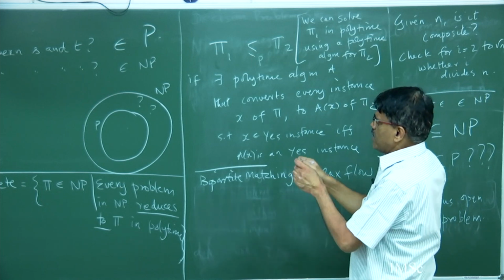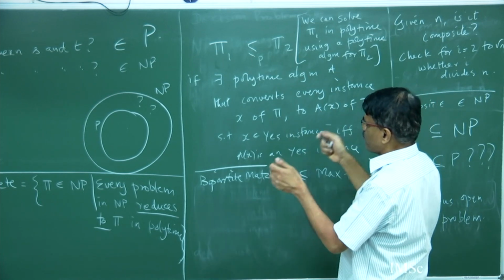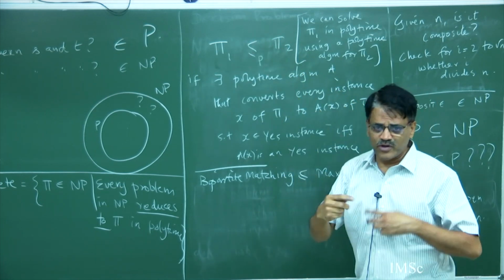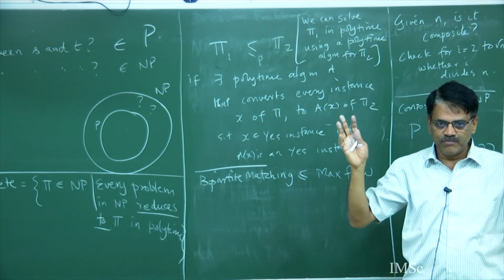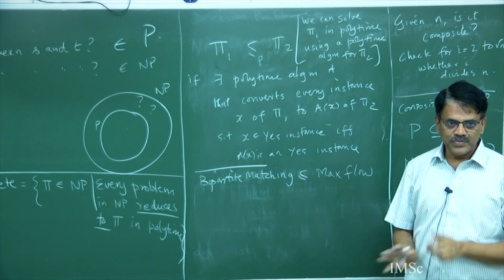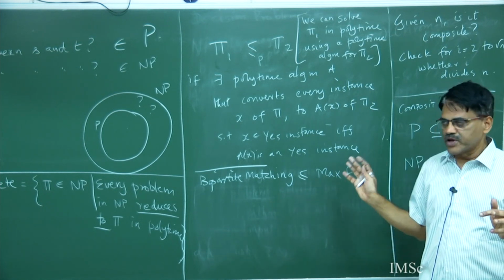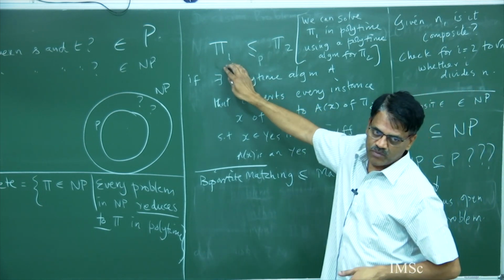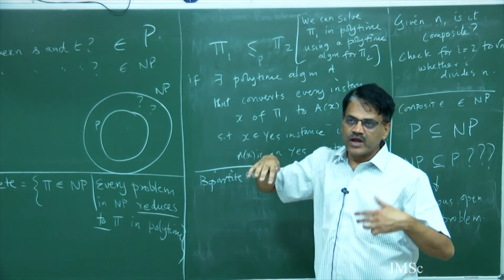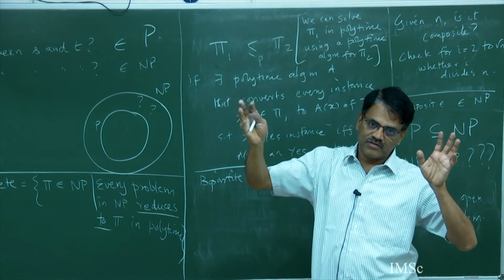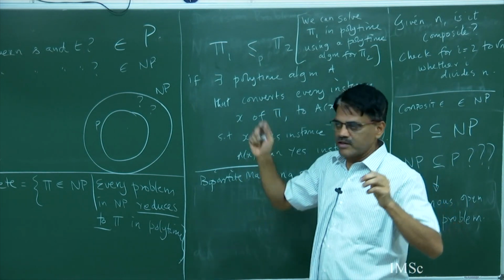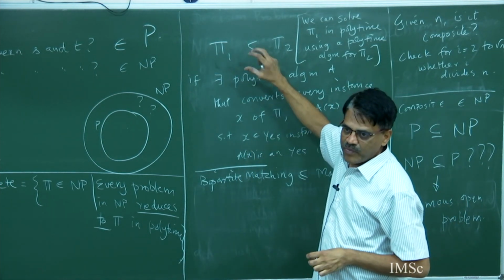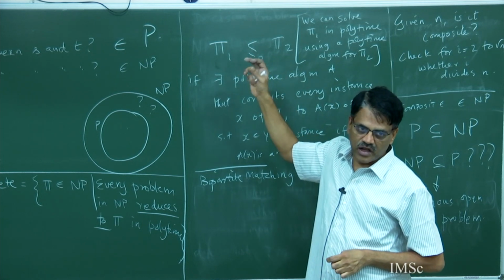Okay. Now, this P means this reduction is polytime. So, this reduction is very powerful. Depending on the class you want to define, you can define it in multiple different ways. For our purpose, polytime, because eventually I want pi 1 to be solved in polytime. You may talk about logarithmic space or 2 to the little o of n or whatever, and then the reduction parameters and constraints will change accordingly.